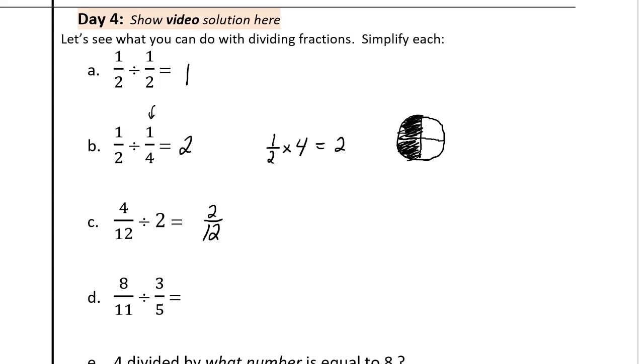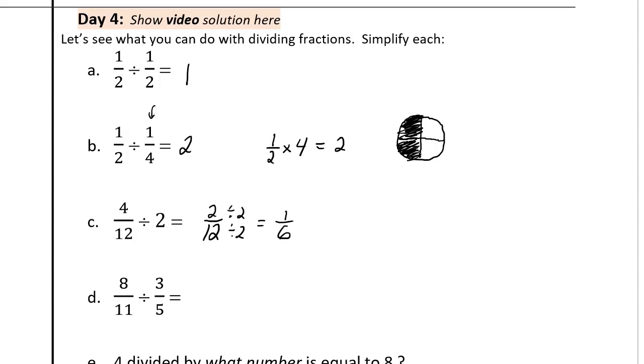Sometimes in math, it's helpful to think of the denominator of a fraction as a thing, and that the word that you speak when you say the denominator is simply just a thing, as if it was some amount of apples or some amount of cookies or some amount of pounds. 2/12 can be simplified by dividing numerator and denominator by 2, creating the answer 1/6.